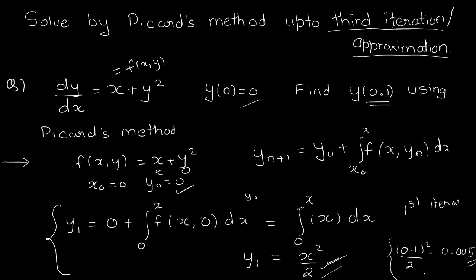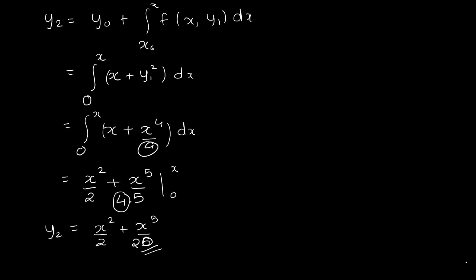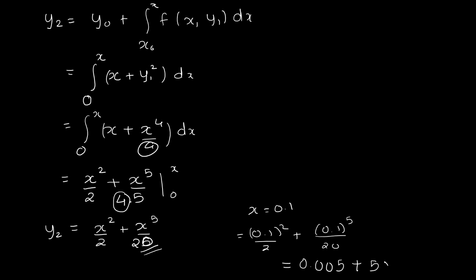Now if you check in these iterations also, in the first iteration, where you found this value, it was 0.005. In the second iteration, if you substitute x equal to 0.1, you will get 0.1 the whole square upon 2 plus 0.1 raised to 5 upon 20, and this part comes to 0.005 plus this part comes to 5 into 10 raised to minus 7.